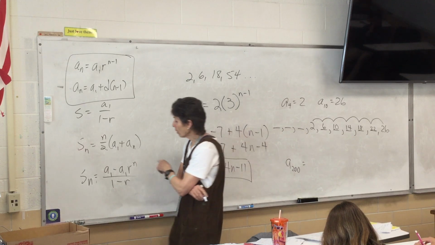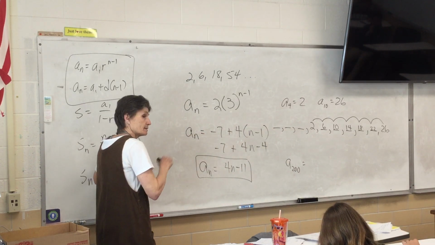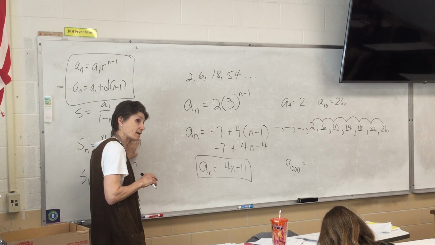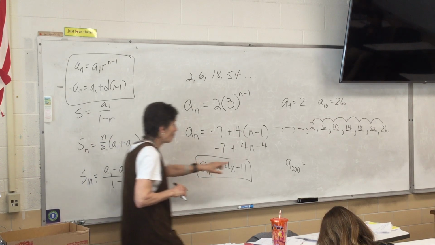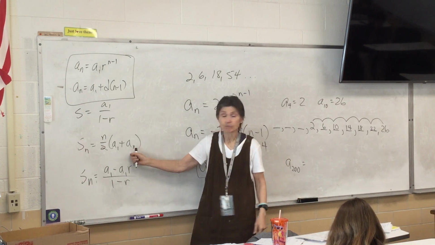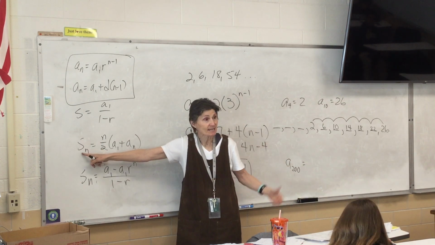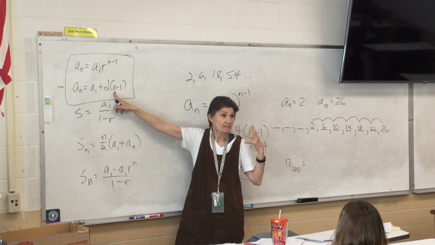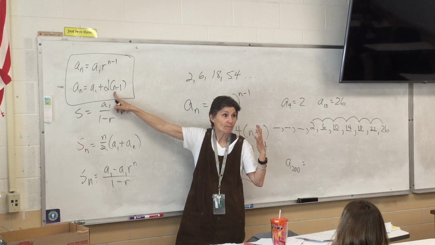Now, 4 is the right kind of formula type, but it's the wrong one. This is an arithmetic formula, but I want a sub 200. I don't want to add all these, and this formula adds up. See that S? It stands for sum. So I want this one.